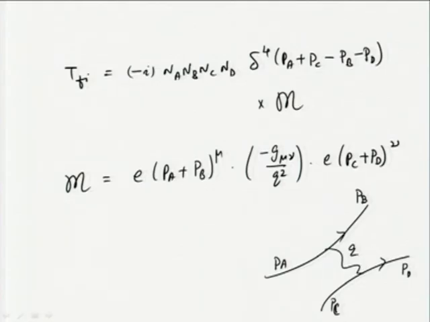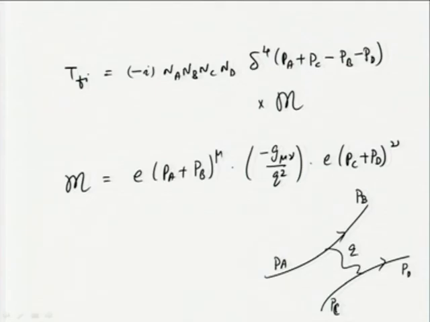Look at M. It is a Lorentz invariant quantity, as we said. This is the dot product between p_A + p_B and p_C + p_D, with a q², which anyway is invariant under Lorentz transformation, and e², which is again invariant.